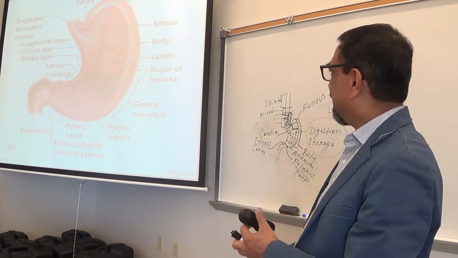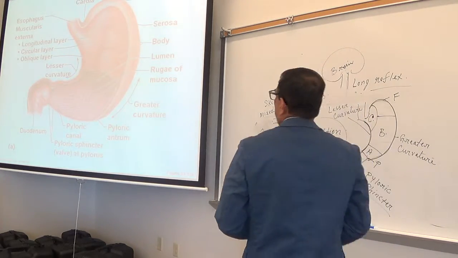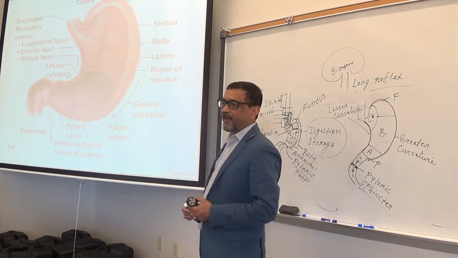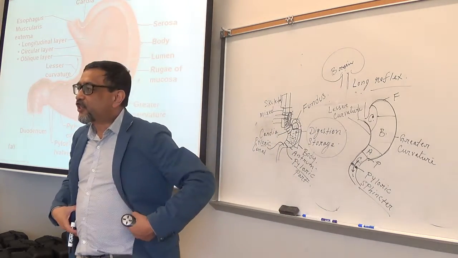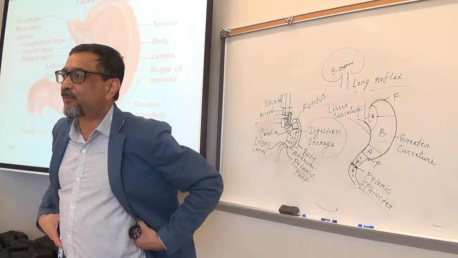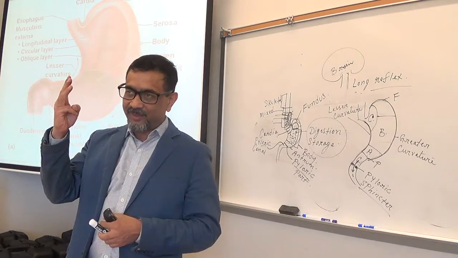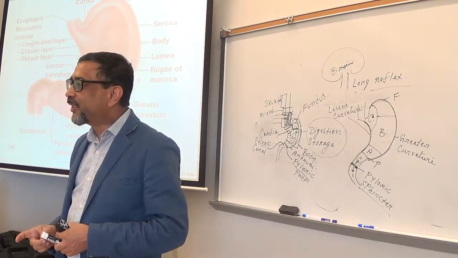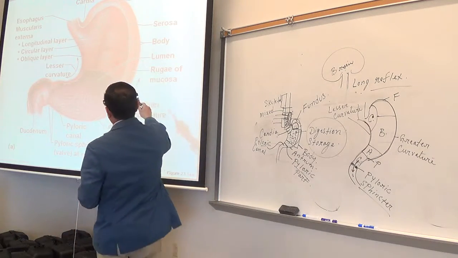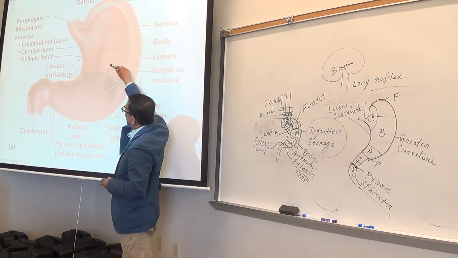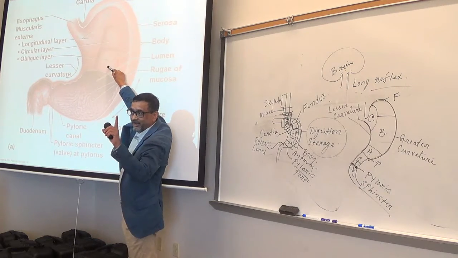Okay, now, how many of you remember I said in the wall of the stomach, the muscularis externa has how many layers? 3. Remember that? So what are those 3? Here, you see. The innermost layer is the extra layer.